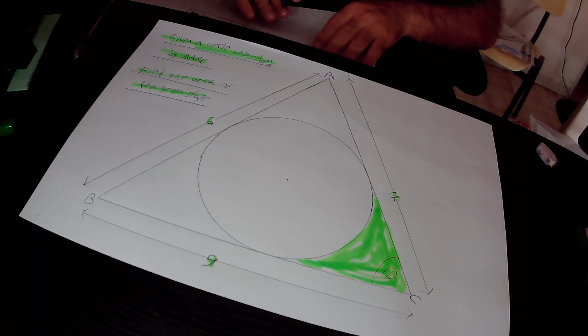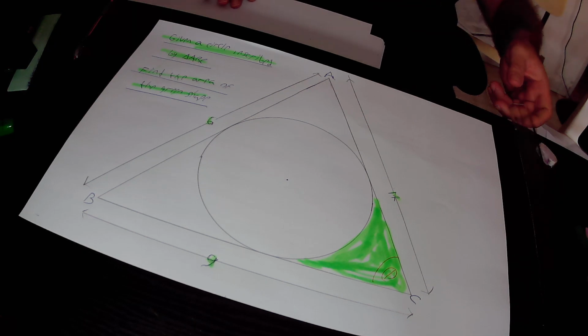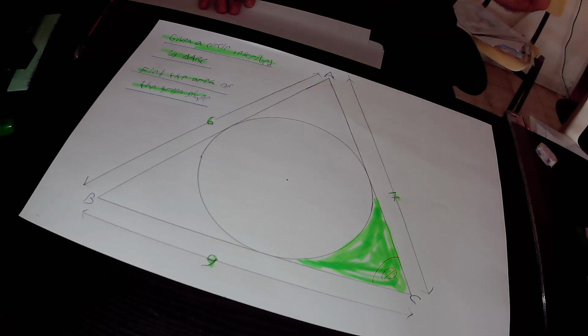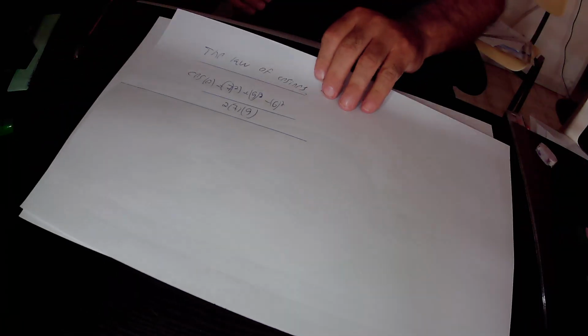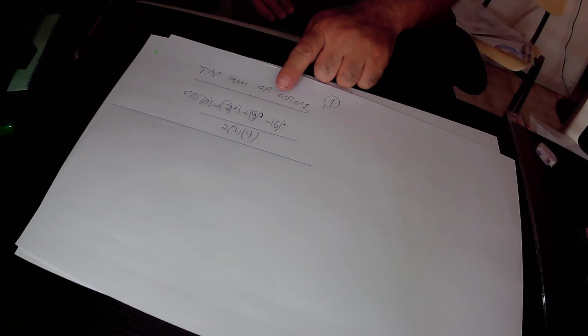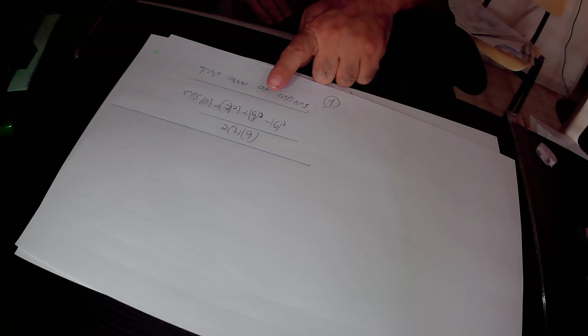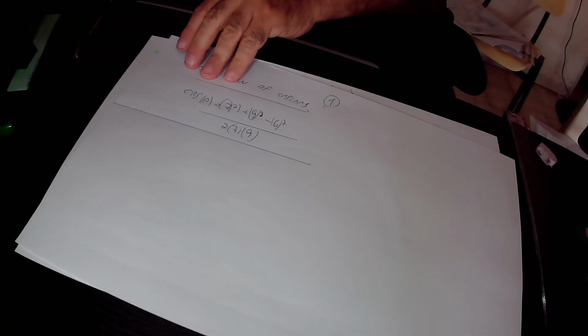Again, according to the law of cosines, if we implement it in this triangle ABC, we get that cosine theta equals 7 squared plus 9 squared minus 6 squared over 2 times 7 times 9.